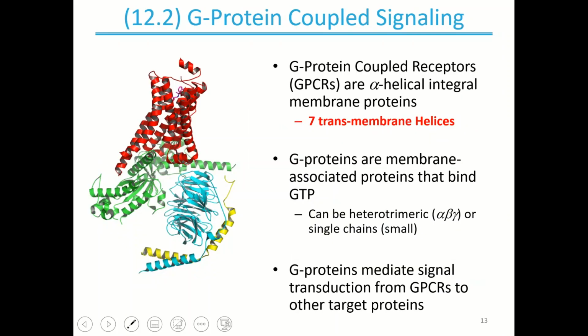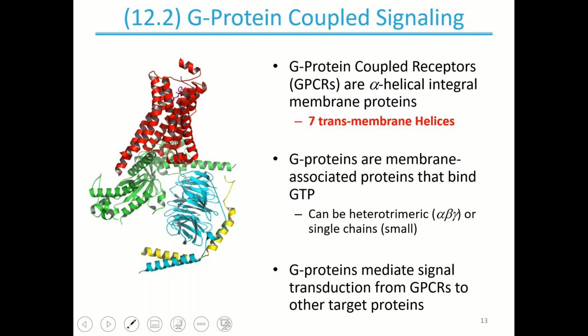So moving on to section 2, and these are the G protein coupled receptors. They're alpha helical, and they have 7 transmembrane helices.